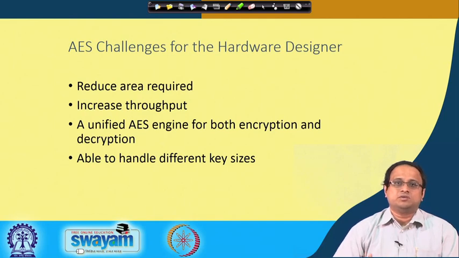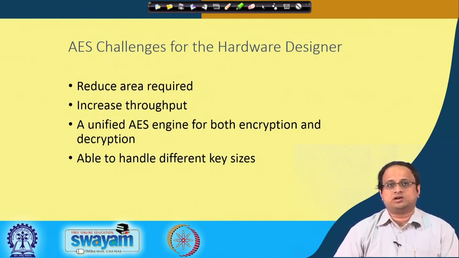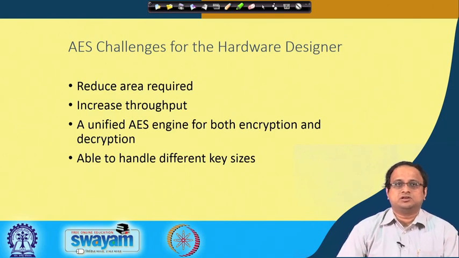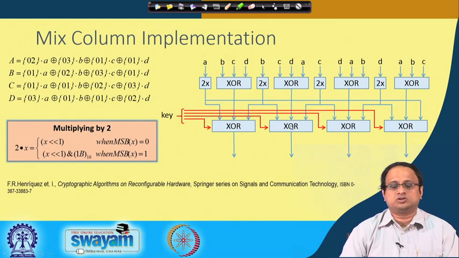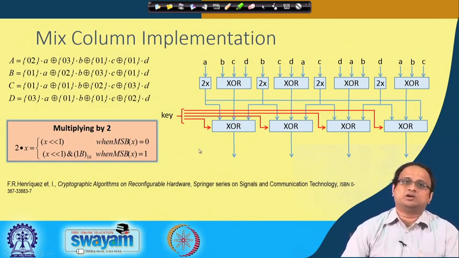So how do you make a single hardware which functions both as an encryptor and as a decryptor is a challenging proposition. Likewise, of course, we should be able to handle different key sizes, and this could be an important design criterion, where a single device should be able to support 128 bit keys, 192 bits or 256 bit keys. So there could be various such challenges for AES design. Now I will look into some of them during our discussions.